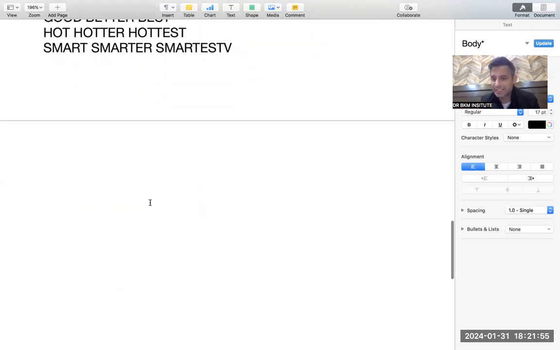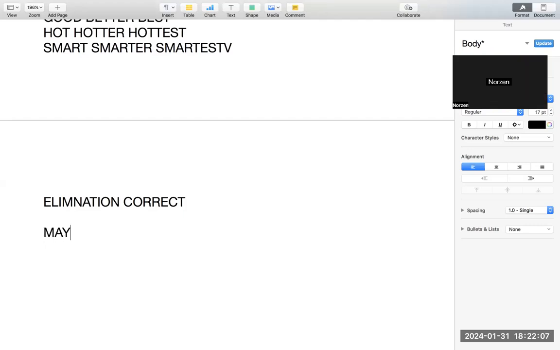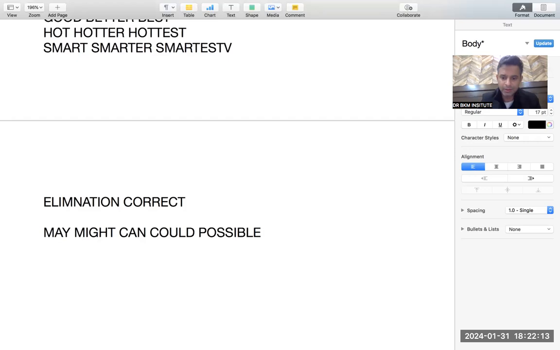Now, which option has the maximum chance in the elimination method of being an answer? Which option can be the correct option? What are the words for the correct? May, can, could, possible, possibility. When we say probably, it means perhaps.